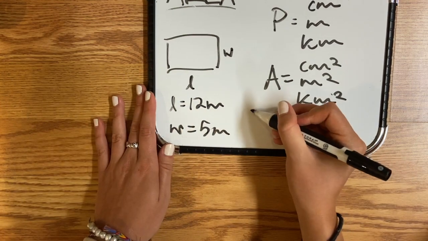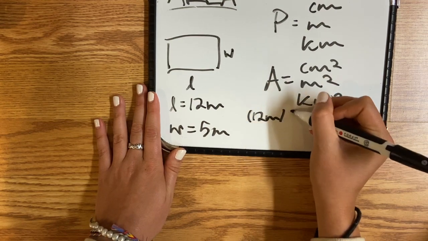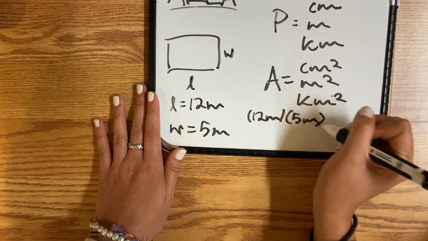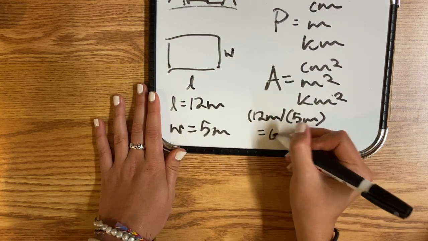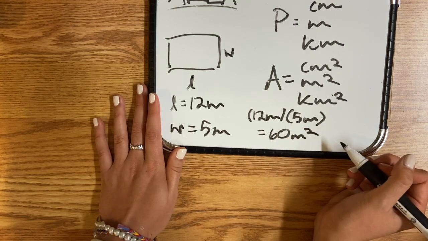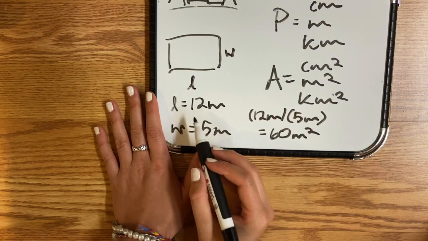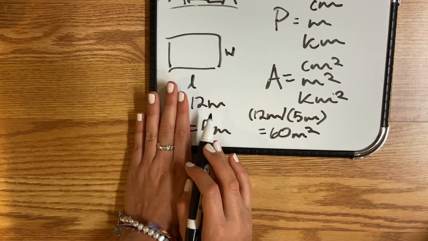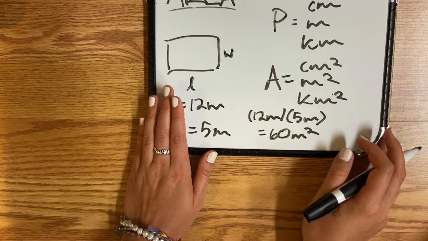Well, when you multiply them together to get the area, not only are you multiplying the 12 and the 5 together to get 60, you're multiplying the 2 meters together. It becomes meters squared. And for perimeter, you're simply adding them together. So let's say we had to add 12 meters and 5 meters. We would get 17 meters. Awesome.